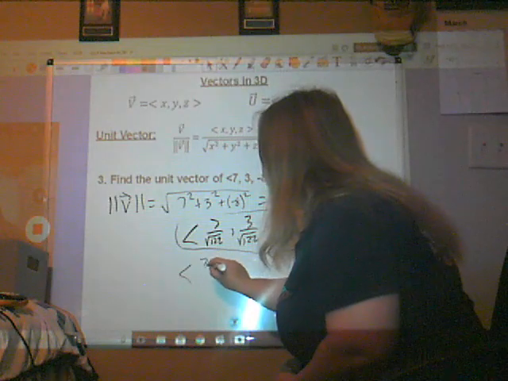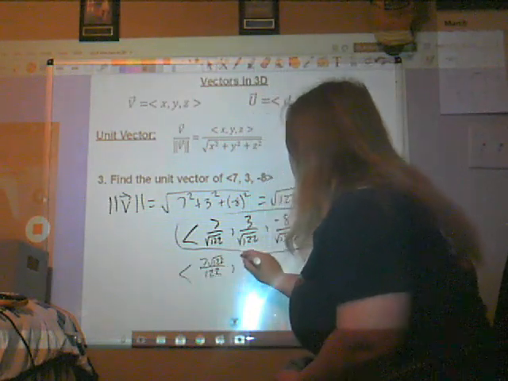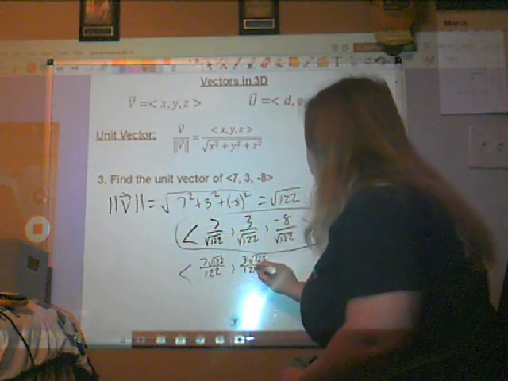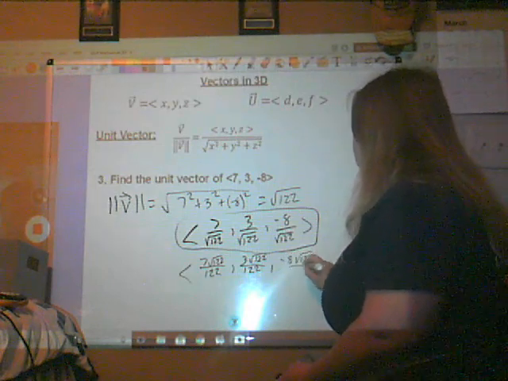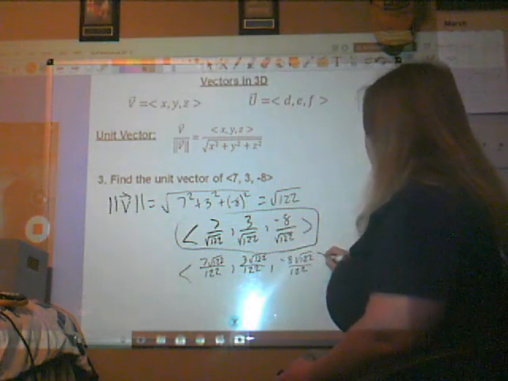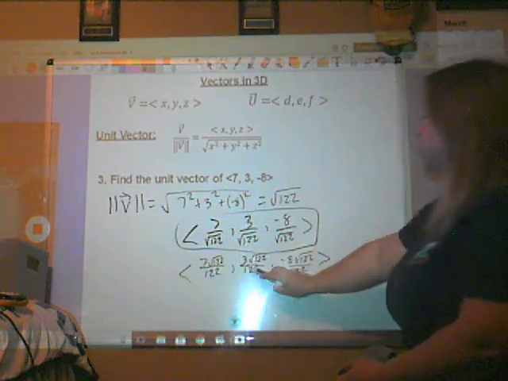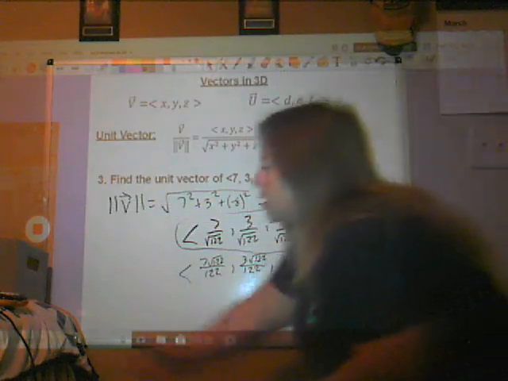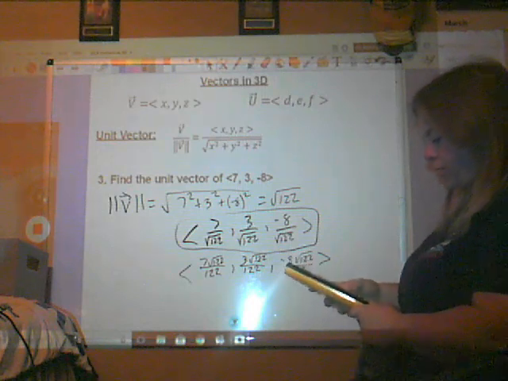So you get 7 square roots of 122 over 122, 3 square roots of 122 over 122, and negative 8 square roots of 122 over 122. The only thing is, 7 over 122 doesn't reduce, 3 over 122 doesn't, but 8 over 122 does. So we want to figure out what 8 over 122 is.